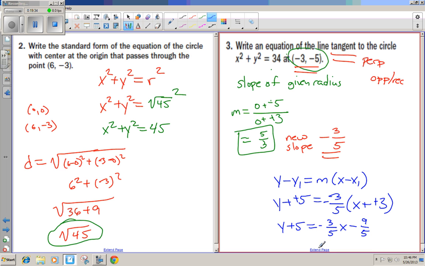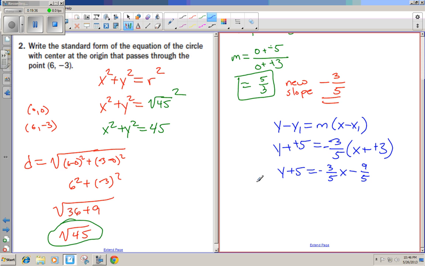And after you do a little bit of work here, we have to convert this 5 to a fraction. Actually, you can do this a couple of ways. You can go straight to decimals if you want, or you can do fractions as well. 5 as a fraction would be 25/5.